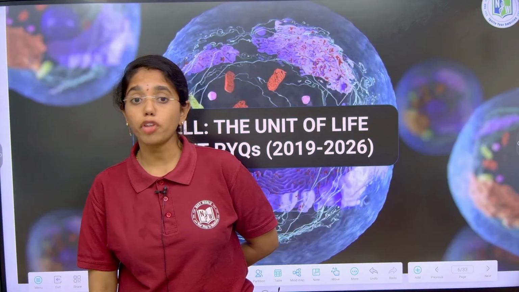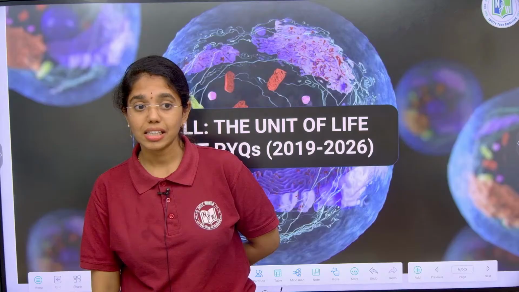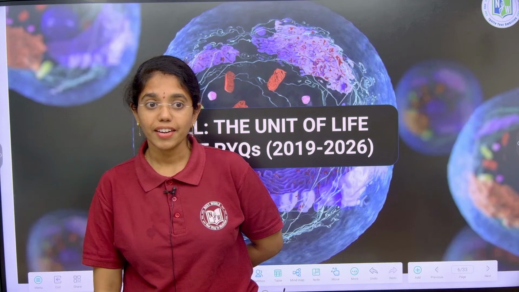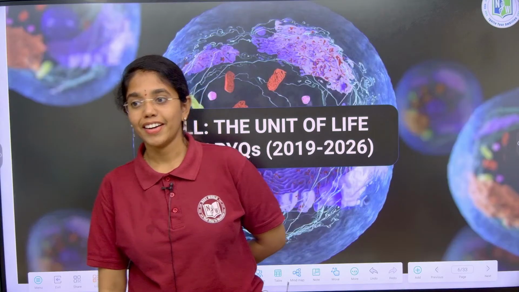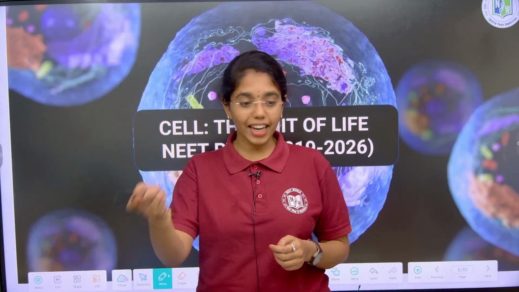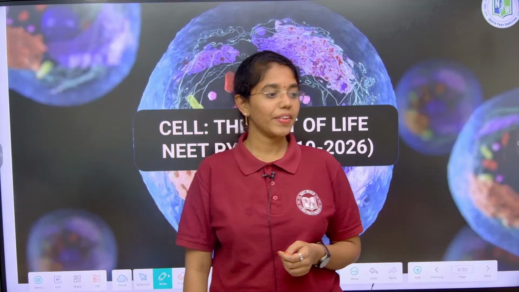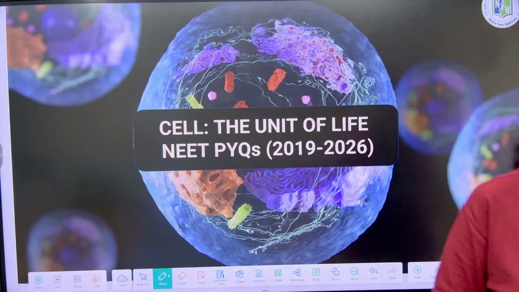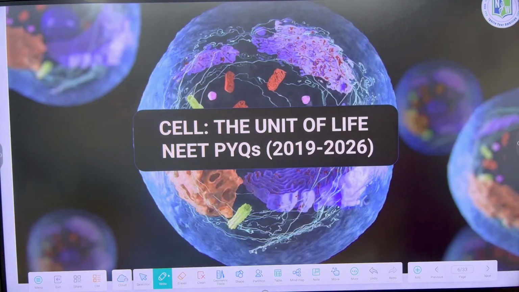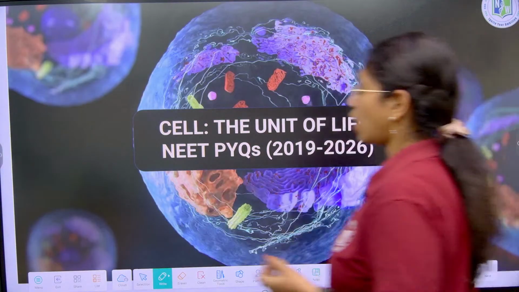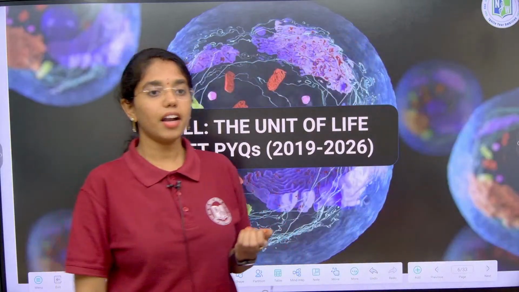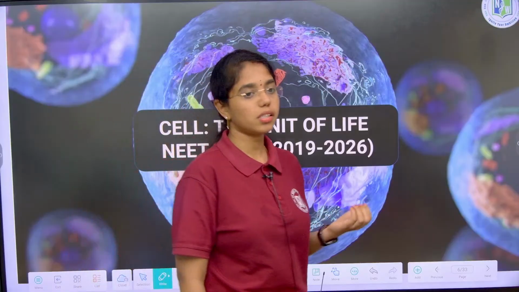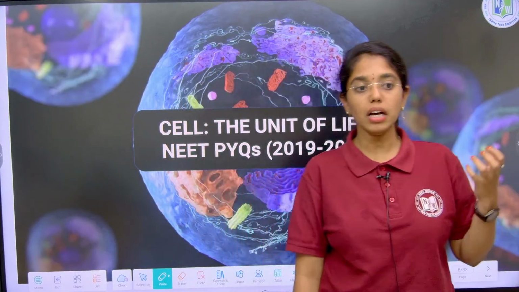What is the shape of columnar epithelial cells? Look at the NCERT and tell me the sizes and shapes of the cells. Recall it. See here. Long and narrow. Tell me about the longest cell. Nerve cell. Largest cell, egg of ostrich. This completes sizes and shapes of the cell.